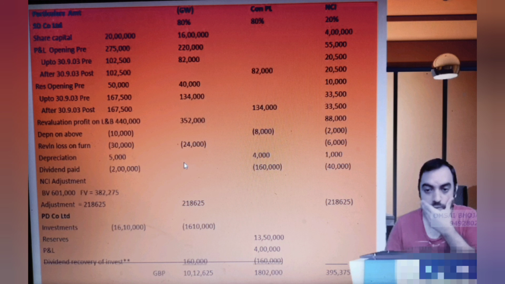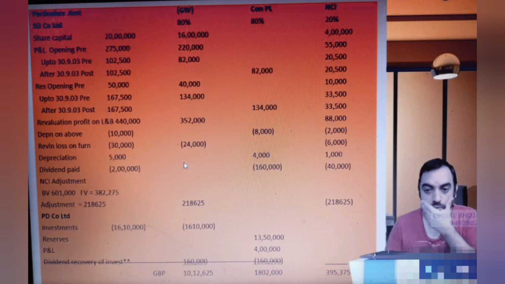What I told, it is 5% below proportionate amounts. So let's calculate that. Below proportionate amount means whatever paid by the holding company, 5% below that cost. That's what they meant. Let's calculate separately. Cost of investments by holding company. How much cost? 16 lakh 10,000.